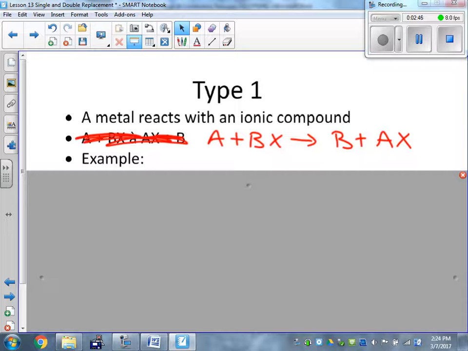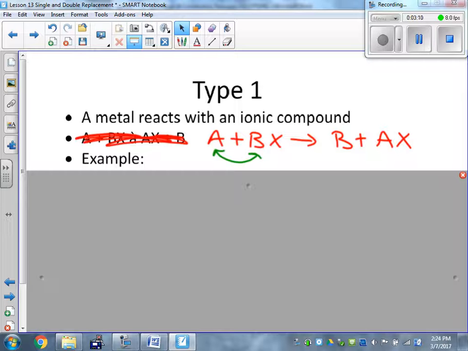The BX would be the ionic compound part. And what we do is we switch the metals. So look, to get our products here, these two are going to switch places.